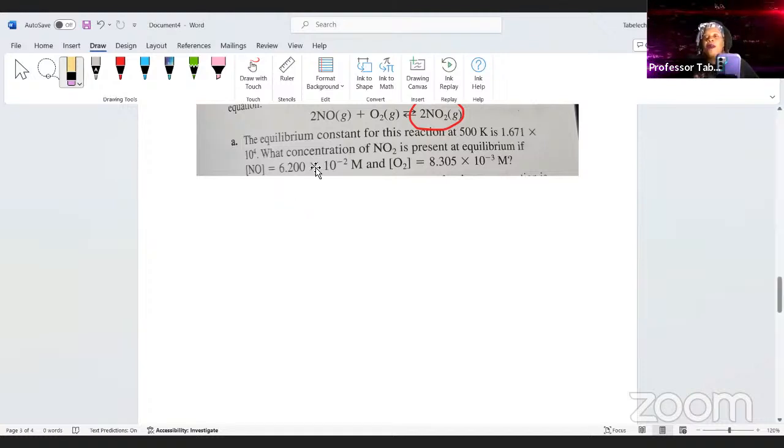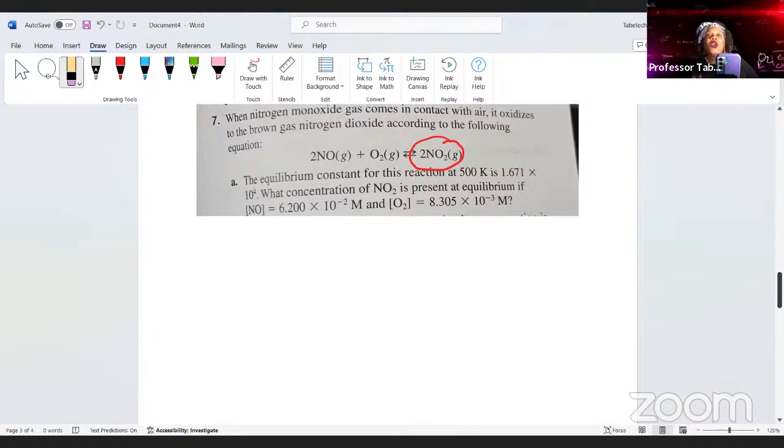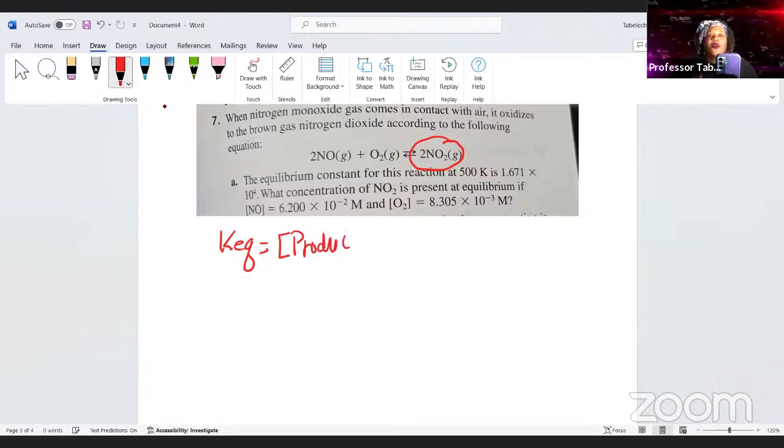Now, on this problem here, going back to this one that said 7A, we're going to do what? Again, we know that the formula is products over reactants, raised to their powers based on their coefficients. Yes, and we know that, right? But here's the thing though.